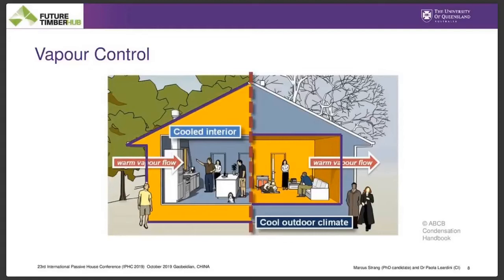However, on the left-hand side, we have a warm and hot climate, and we can see that the vapor drive is towards the inside of the building, where any moisture that gets through the assembly cools down and also has the risk of condensing. So we want to have that vapor membrane on the outside to control that vapor flow.